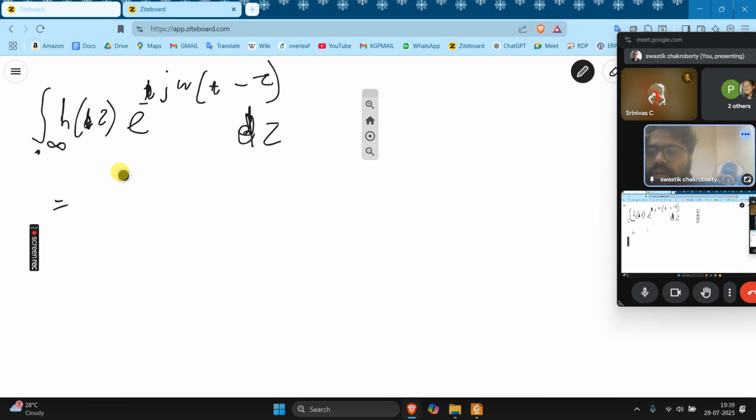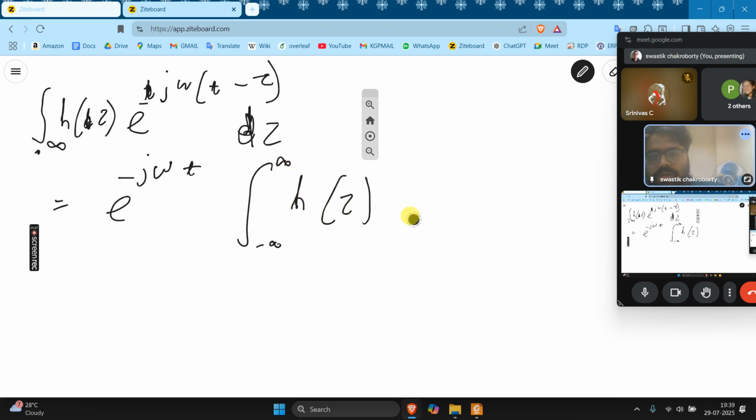Here we will just take e to the power minus j omega t common. So this will become h(tau) e to the power, rather not minus, plus j omega tau d tau. Okay, yeah, so it's not wrong.